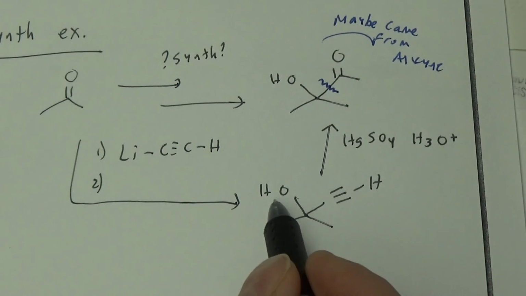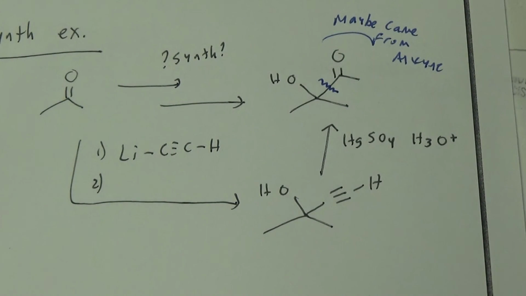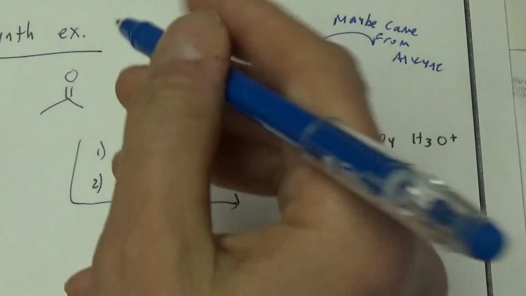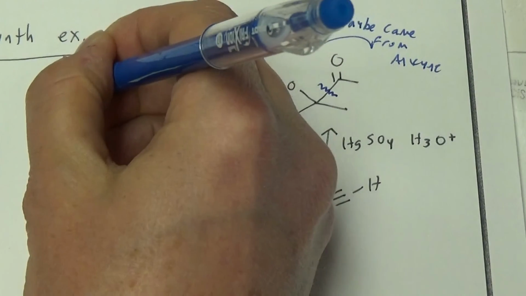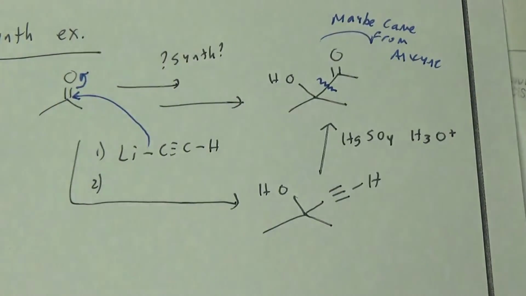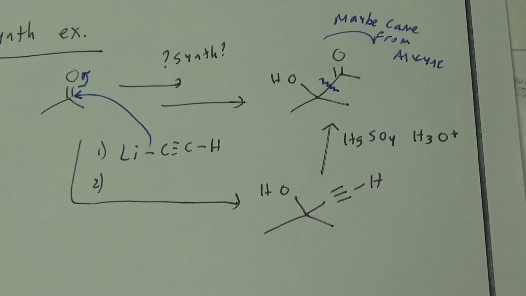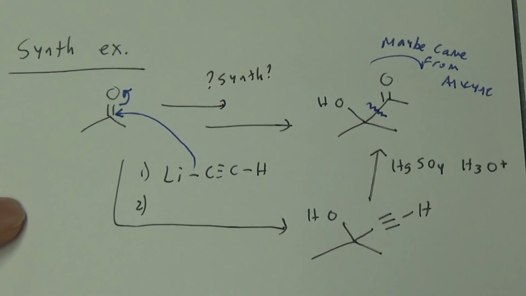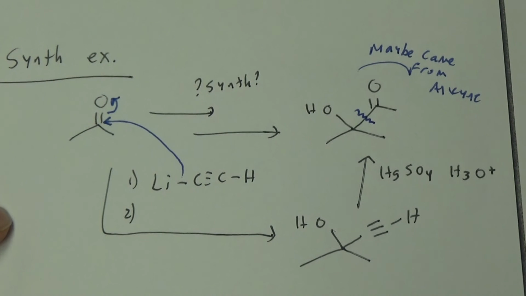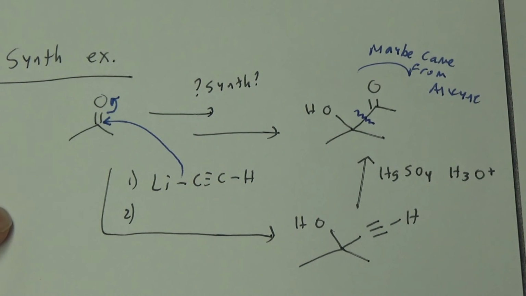To provide a proton on the alcohol. We don't need a mechanism, but if it's a simple arrow, it doesn't hurt. This is not a mechanism problem, but that is what the mechanism is. I don't necessarily recommend drawing mechanism arrows for every synthesis problem, but if it helps you remind yourself, that's okay.